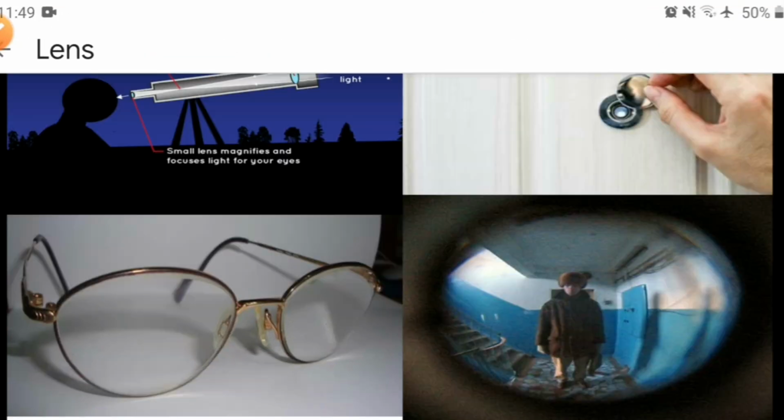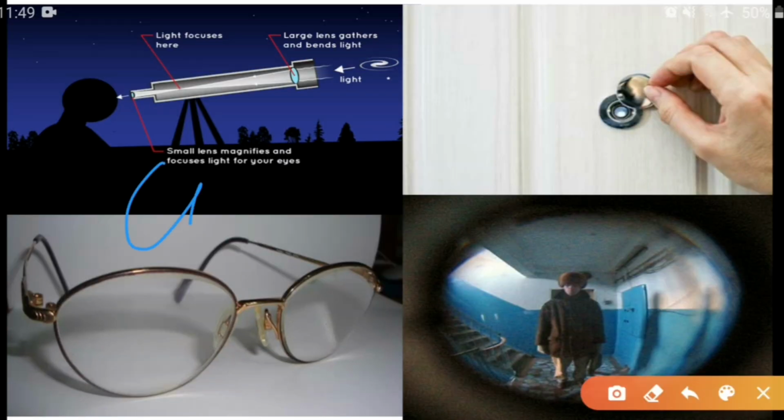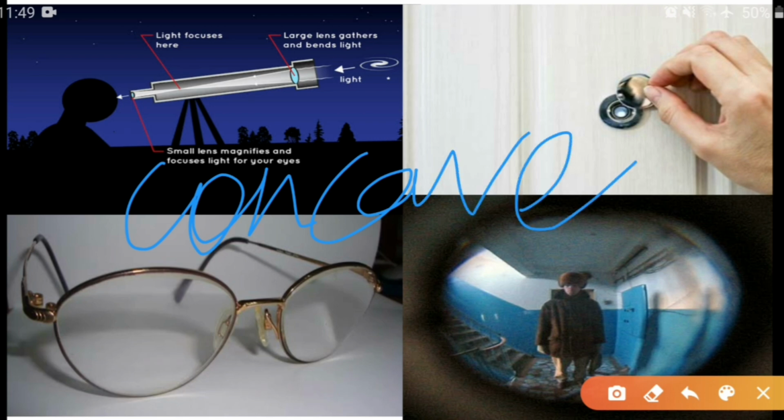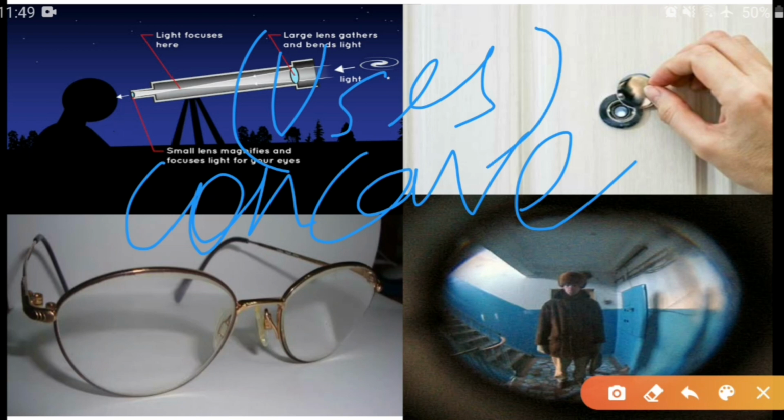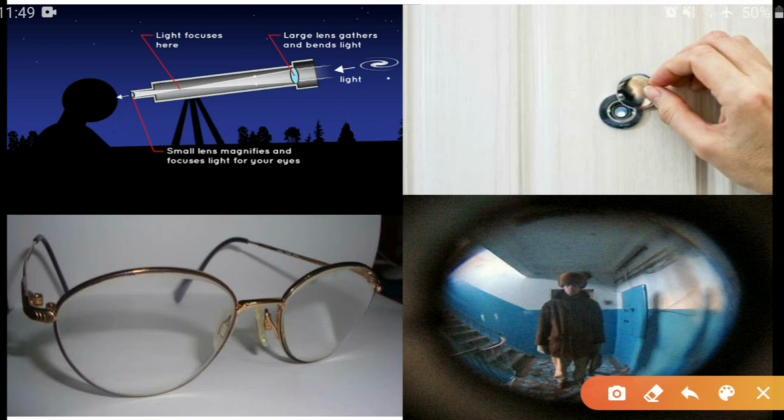Now let us see some uses of concave lenses. Concave lenses are used in spectacles to correct the defect of vision. This means that both types of lenses are used in order to correct the defect of vision.